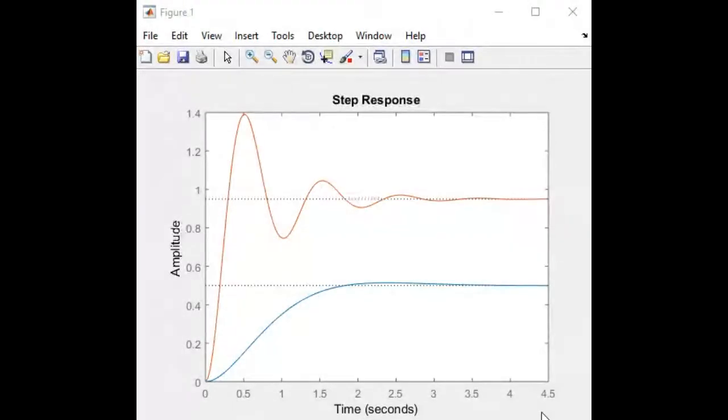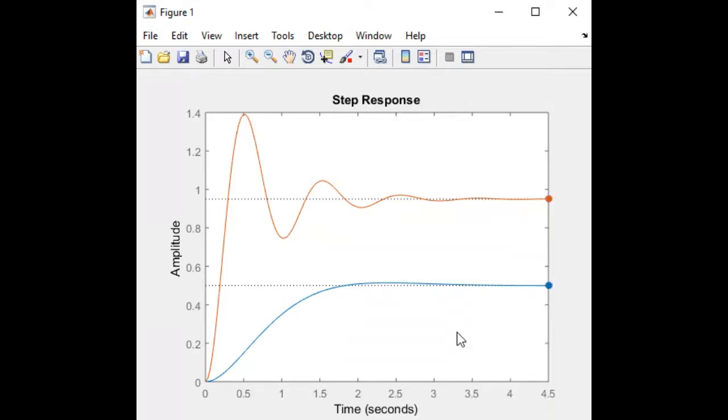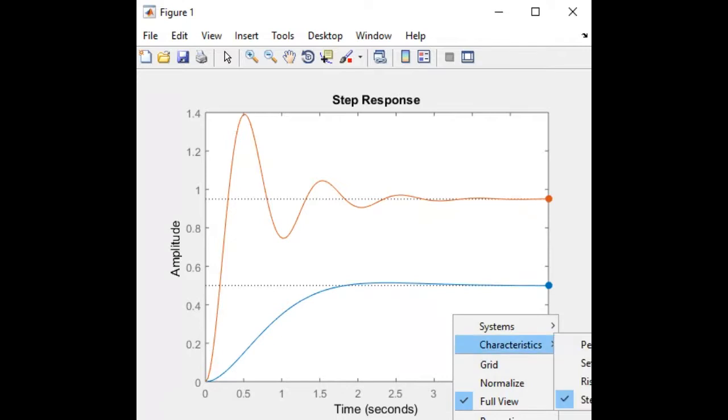It's quite a journey, isn't it? So here we're now seeing the two plots. We saw the first one with G1, and this is the blue one. Under system characteristics, we're interested in steady state.